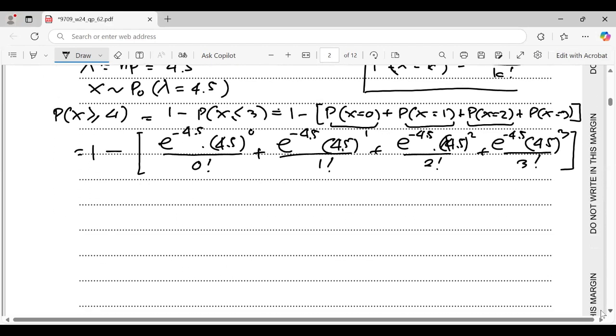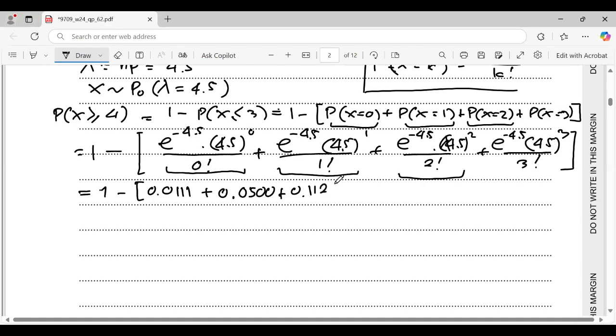Scroll down first, okay? So if we calculate, the result is 1 minus this fraction, which equals 0.0111, and this fraction equals 0.0500, and this fraction equals 0.1124, and this fraction is 0.1687.